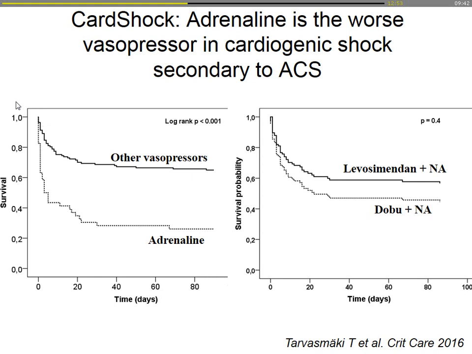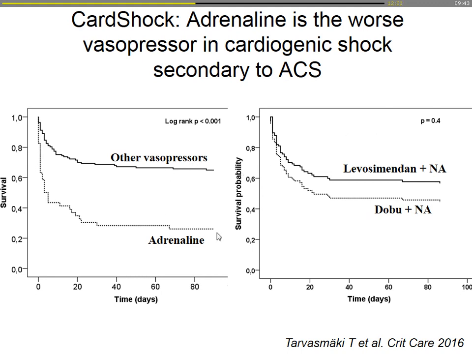When we did the analysis to see whether there are differences between the use of epinephrine, adrenaline, or the use of vasopressors, we could show here that the use of adrenaline was associated with a much higher mortality than the use of noradrenaline or other vasopressors. However, you can see here that the combination of either levosimendan and norepinephrine or dobutamine and norepinephrine was associated with a lower mortality compared to epinephrine alone.